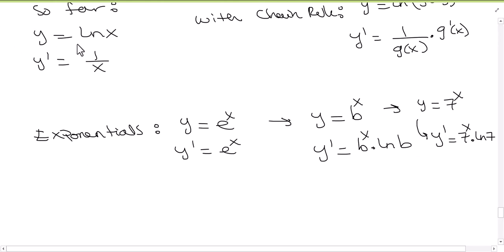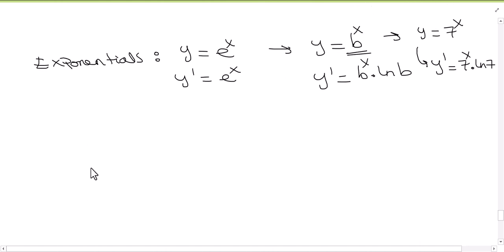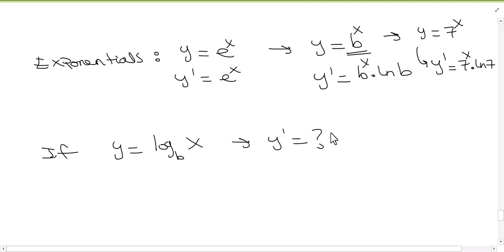So now that we have logs, the logarithm is the natural logarithm, the inverse of e to the x. What about a general logarithm? Something with the base b. So if y equals log base b of x, then what is y prime equal to? We are going to use our definition of logarithms again and implicit differentiation to do this.